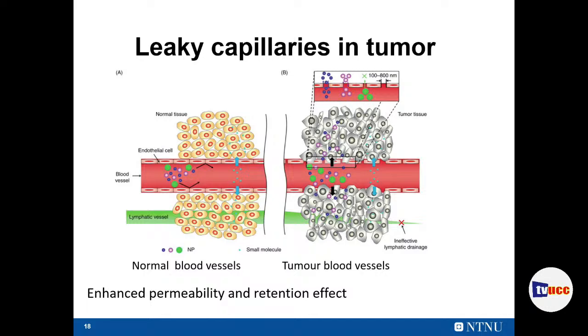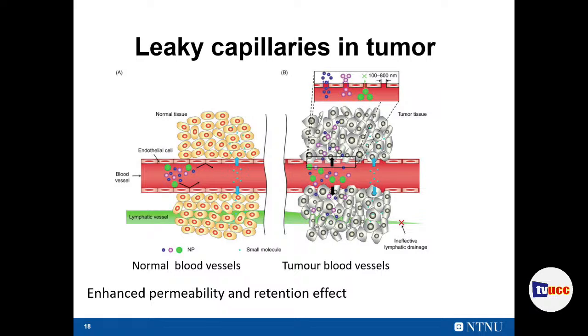Another characteristic of tumors is that they have a very poor lymphatic system. In normal tissue, we have a lymphatic system that reabsorbs excess water and takes it back to the blood. That is illustrated here in green.